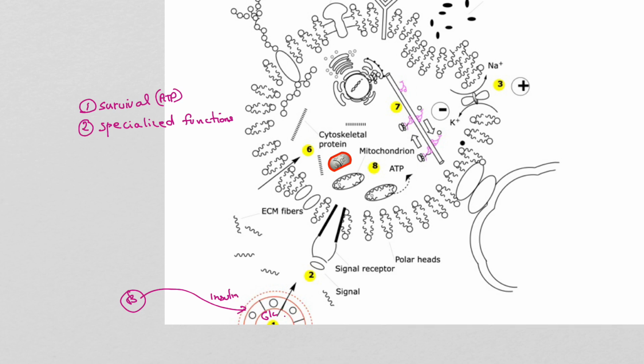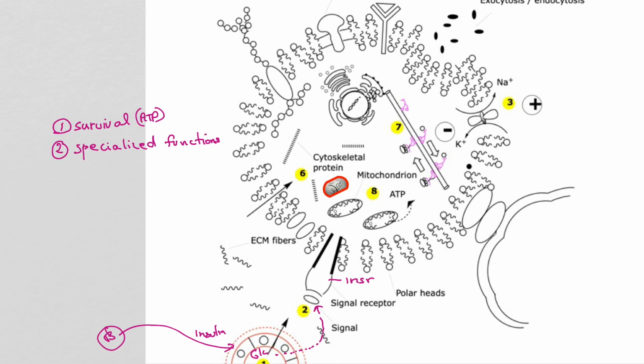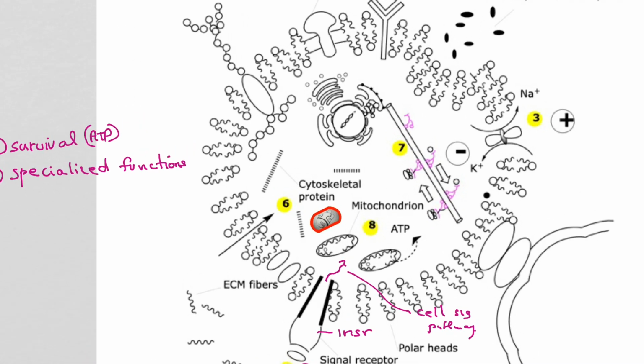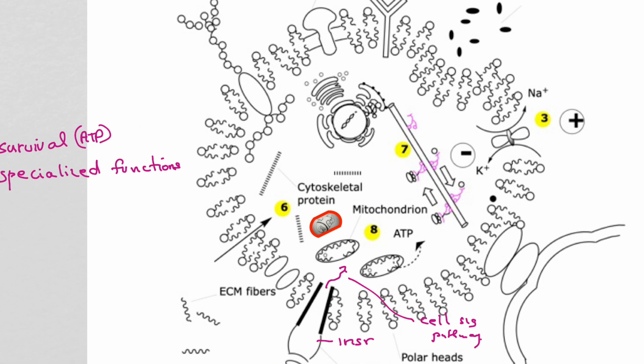There's a lot of insulin in the bloodstream, and this insulin will come and bind to the insulin receptor on the liver cell, and the insulin receptor then changes shape and starts a cell signaling pathway, and the end result of this pathway is the liver cell's metabolism changes.